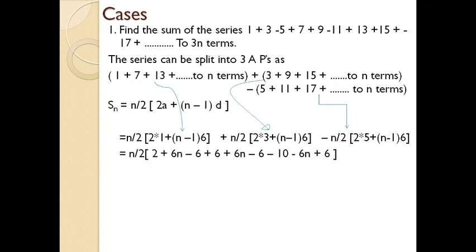Now by using basic mathematical operations, you can simplify those 3 sets into n by 2 into the whole bracket: 2 plus 6n minus 6, plus 6 plus 6n minus 6, minus 10 minus 6n plus 6. Finally, you arrive at 3n square minus 4n. That's the answer to the question.